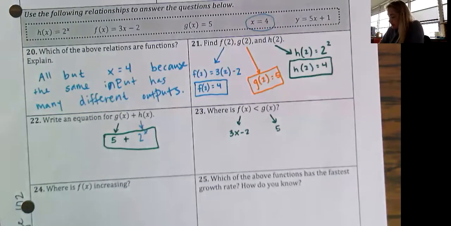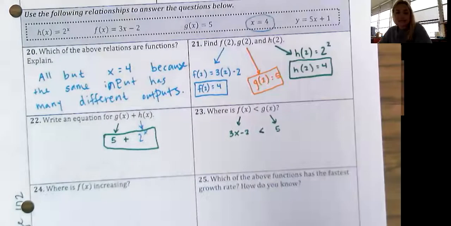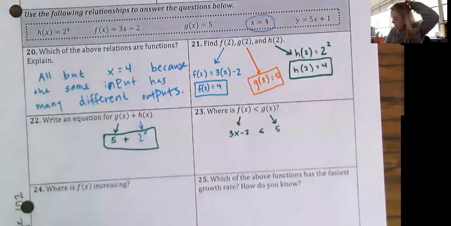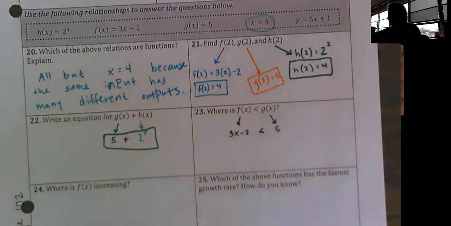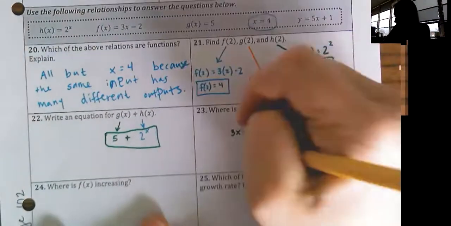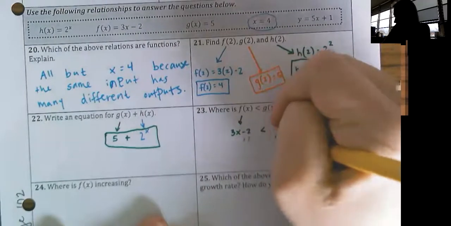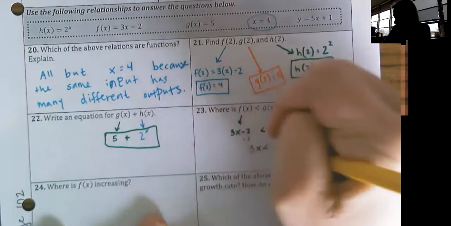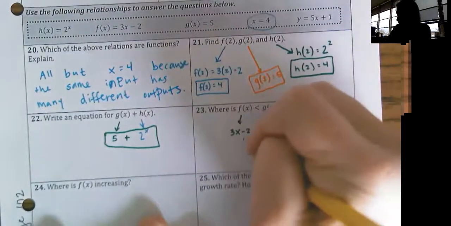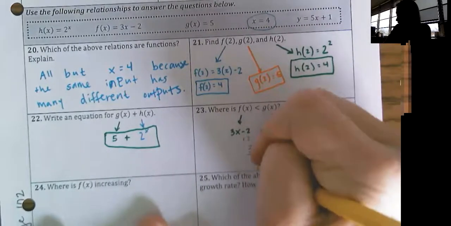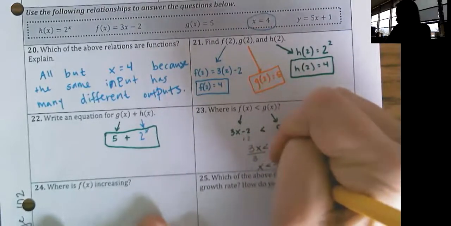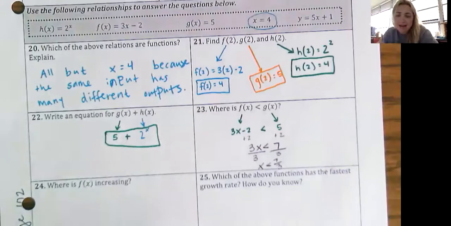Okay, so we can just say our equation like this. 3x minus 2 is greater than 5. Let's start solving that thing for x. So I can add 2 to both sides, and I get 3x is greater than 7. Then I can divide by 3, and I get x is greater than 7/3. So basically it's saying whenever x is higher than 7/3, this is going to be true.